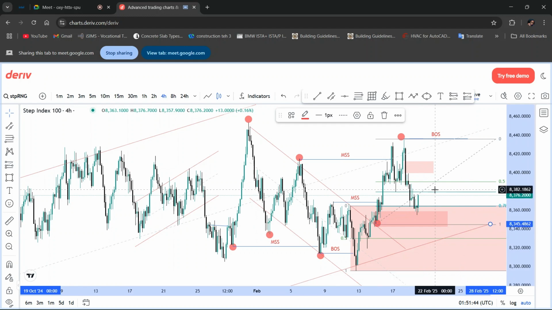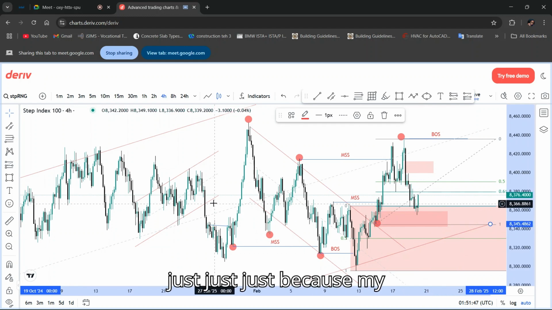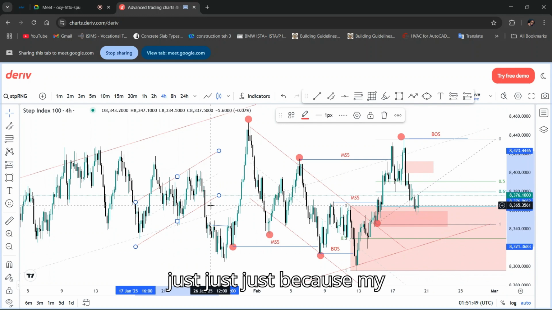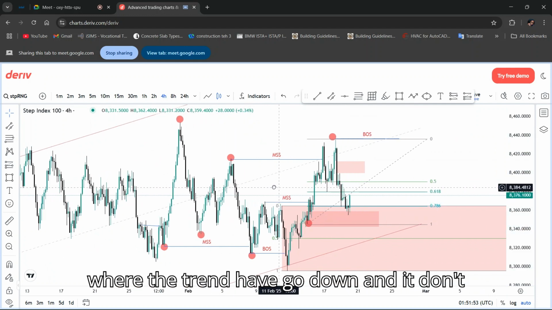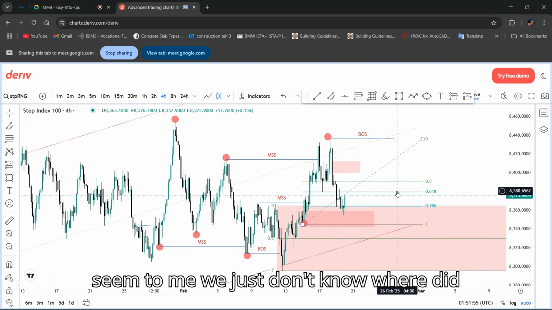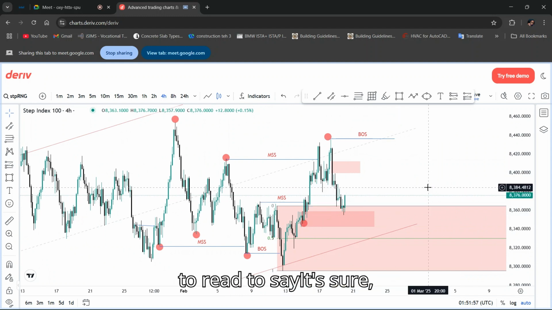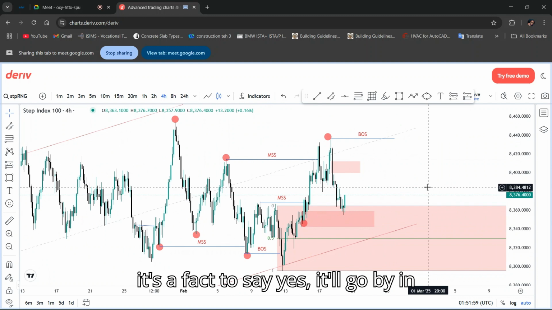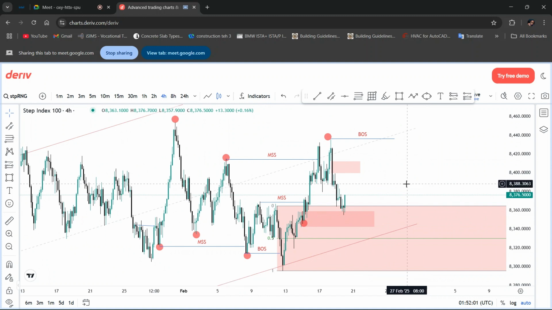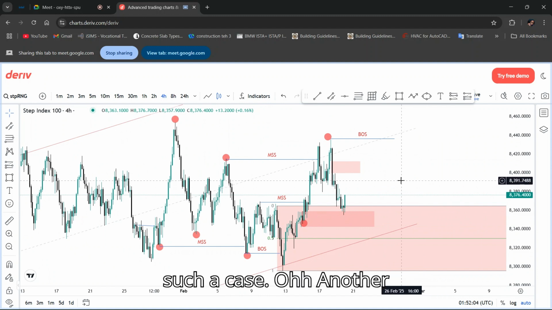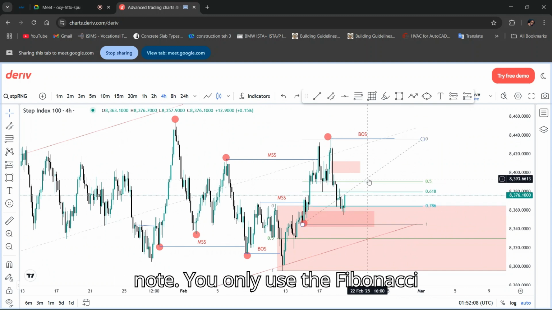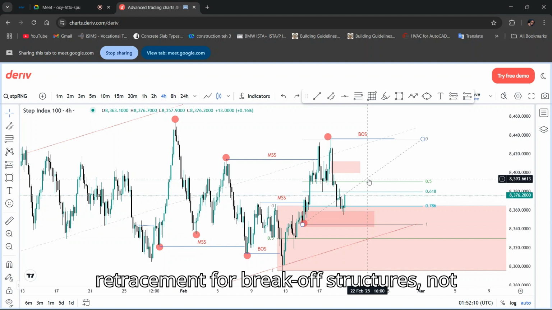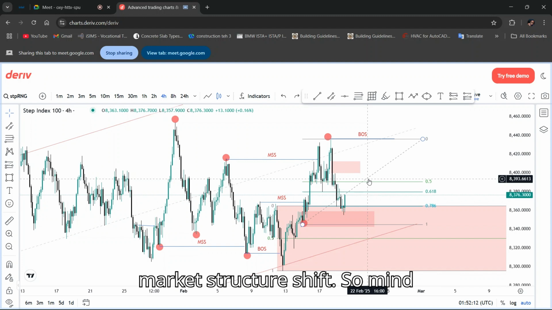That's the chance that will determine it. Another point to note again: you only use the Fibonacci retracement for break of structures, not market structure shift.